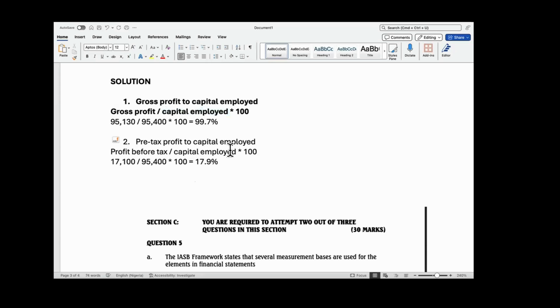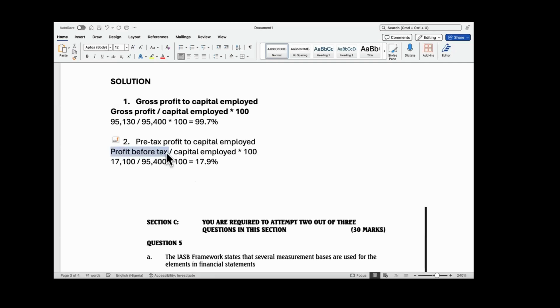And the reason is because PBT, similar to PAT, the difference between them is just tax. It is a profit that belongs to equity holders, that belongs to our shareholders, of course, after we have paid government. So when we want to get pre-tax profit to capital employed, we have to be comparing like with like.